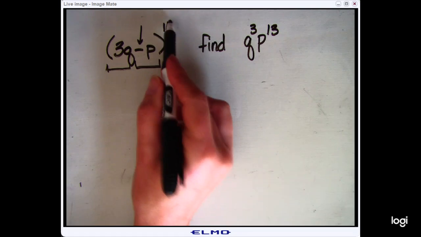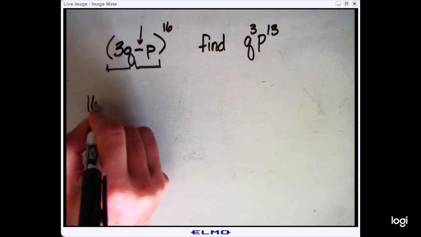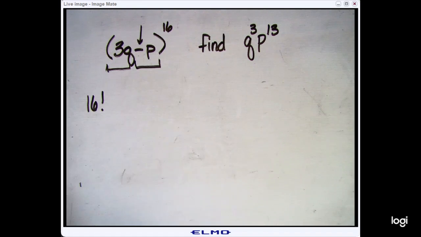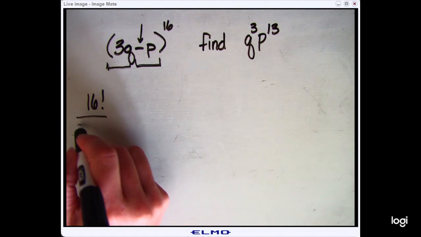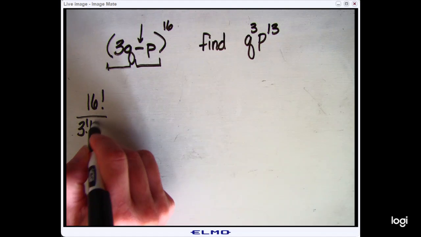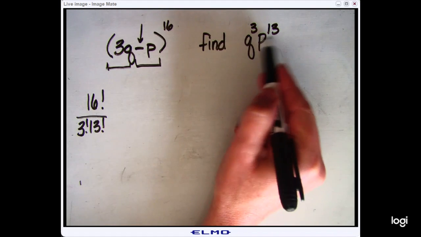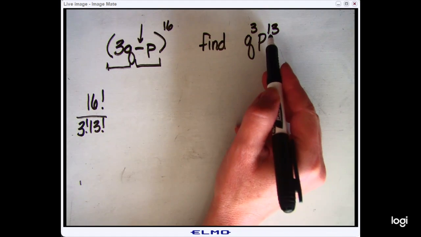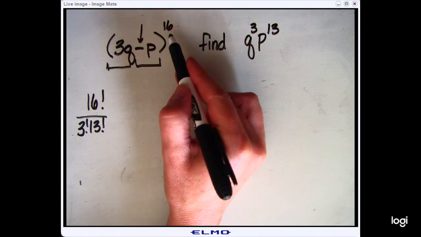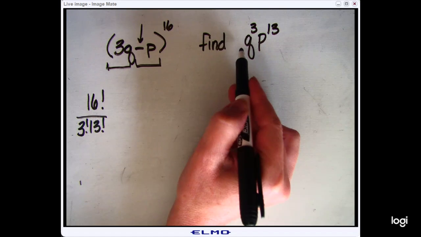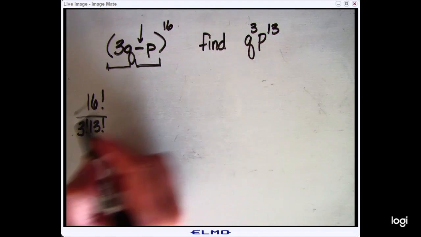So because this is the power of 16, I'll put 16 on top. And then I have 3 factorial, 13 factorial. Those came directly from the term given, right? Here's my raised to the power, the Q to the 3rd term, and the P to the 13th term. They are.